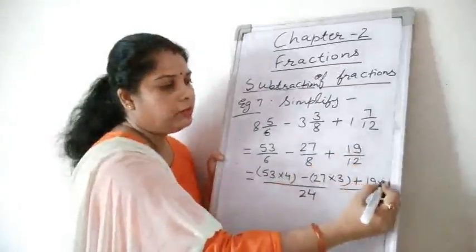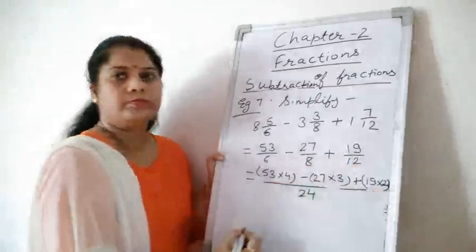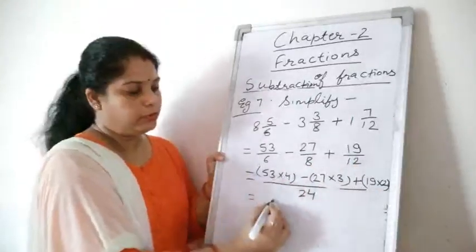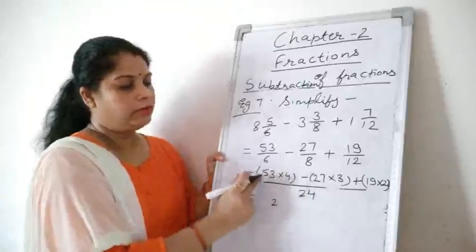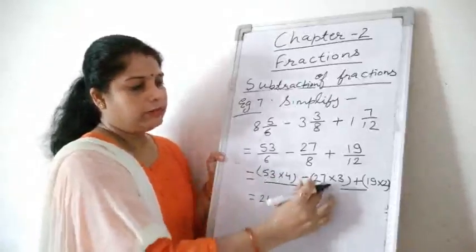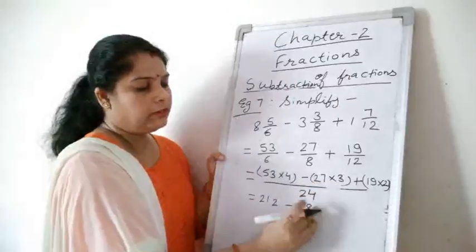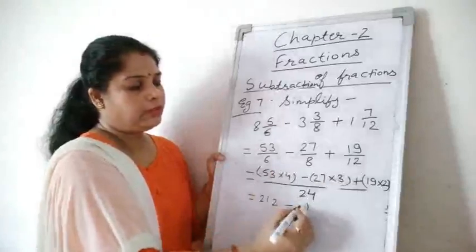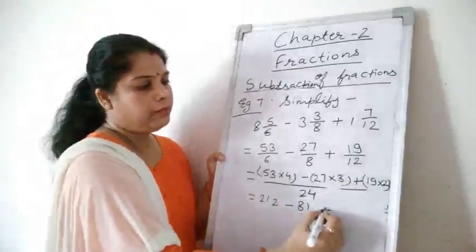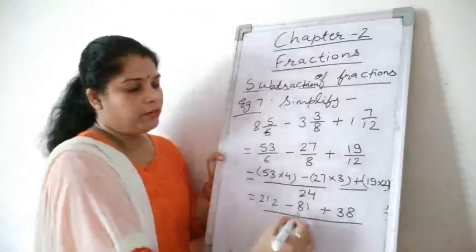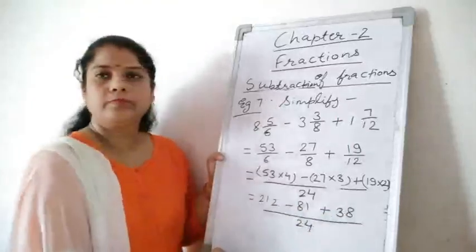So 19 into 2. Now 53 into 4. 4 3s are 12. Carry 1. 4 5s are 20 and 1, 21. Minus 7 3s are 21. Carry 2. 3 2s are 6 and 2, 8. 81. Plus 19 2s are 38, upon 24.